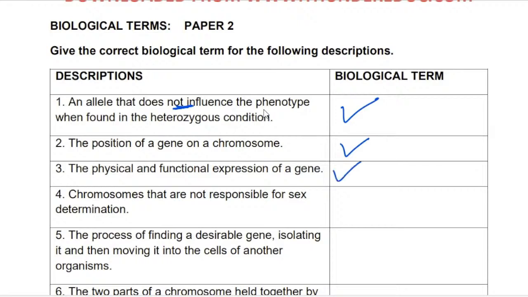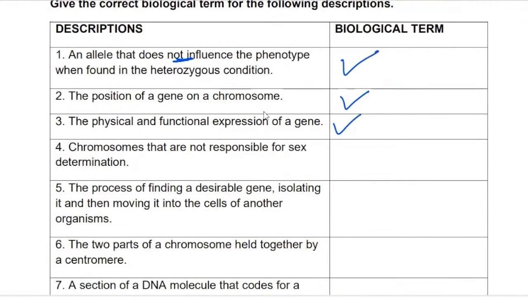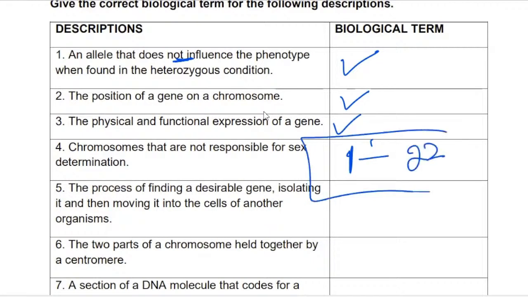The chromosomes that are not responsible for sex determination, we call them autosomes. Remember, we have the gonosomes and the autosomes. So from chromosome number 1 to chromosome number, I'm talking about the pairs 22, we call them autosomes.